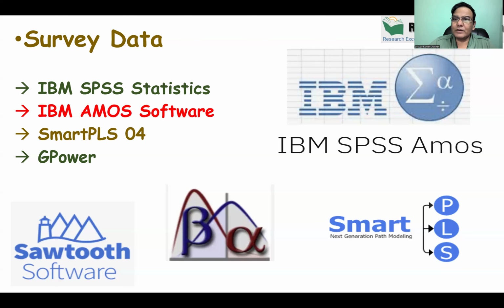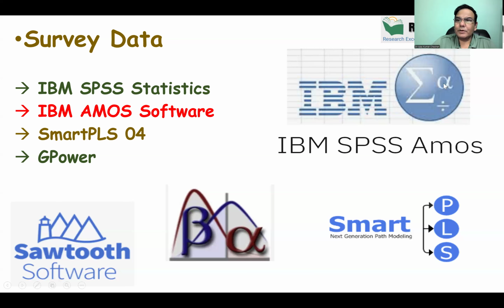But you can also do that in AMOS software. So that is equally good. Then we have G Power. G Power is a software used for identifying the sample size, which we discussed in the sampling design session.